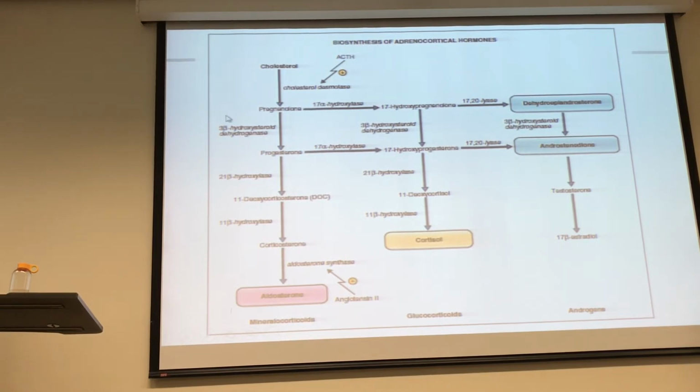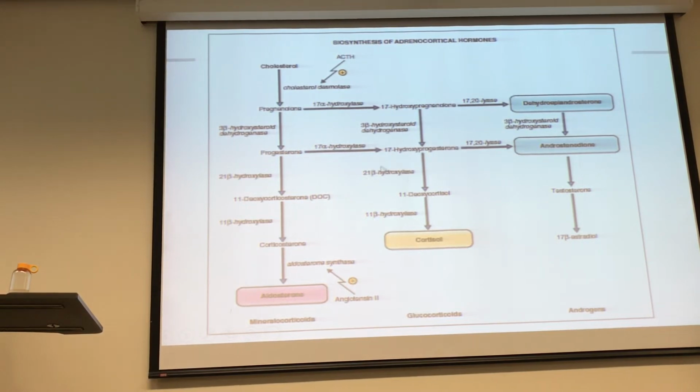Then what happens is that 3 beta hydroxysteroid dehydrogenase is going to convert pregnenolone to progesterone, and 17 hydroxy pregnenolone to 17 hydroxy progesterone. So 3 beta hydroxysteroid dehydrogenase is important because it is converting the 17 hydroxy pregnenolone to 17 hydroxy progesterone.